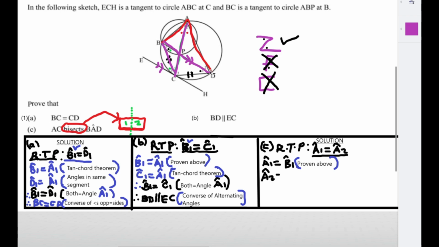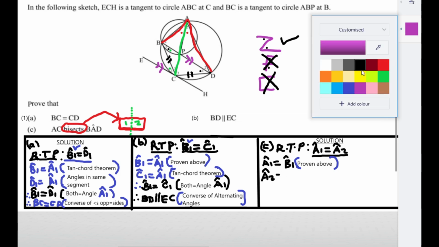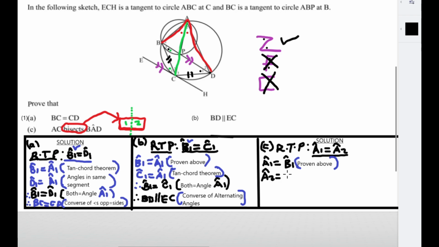Angle B1 must be equal to angle A2. That is the bow tie, or angles in the same segment. So angle A2 must be equal to angle B1.